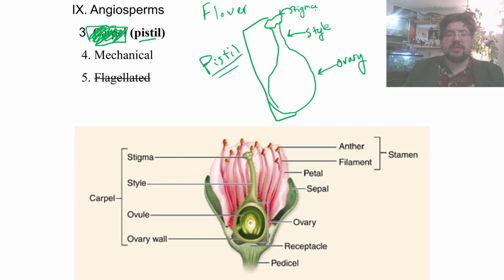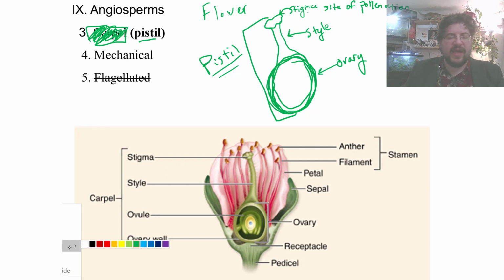Right? So, stigma is the site of pollination. That's where the pollen lands. The ovary is part of the tissue completely enclosing the ovule or ovules. So, the ovary is thickened protective tissue. And it's inside the ovary where we will actually find our ovules.